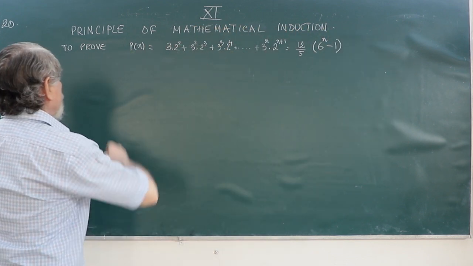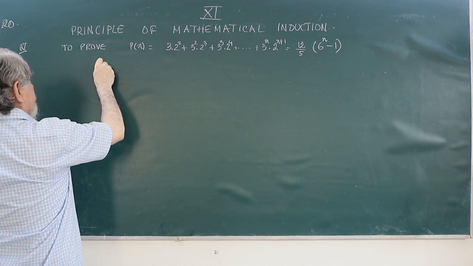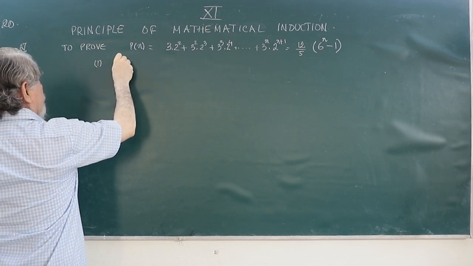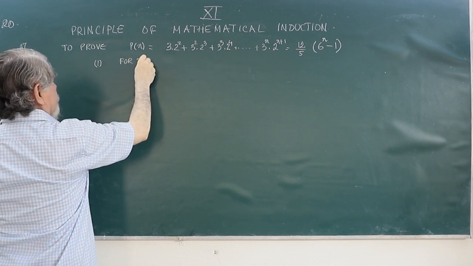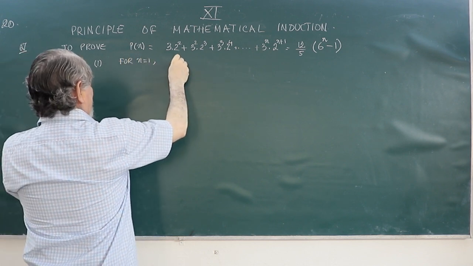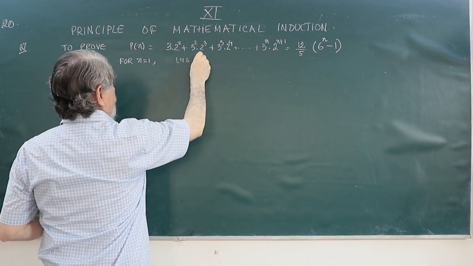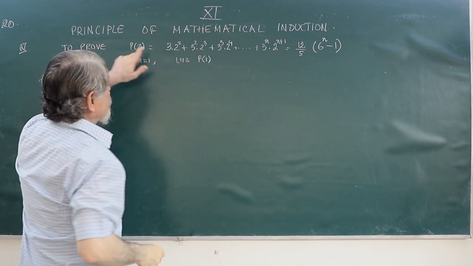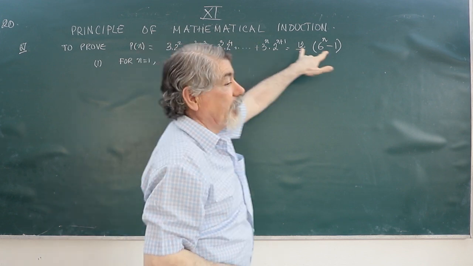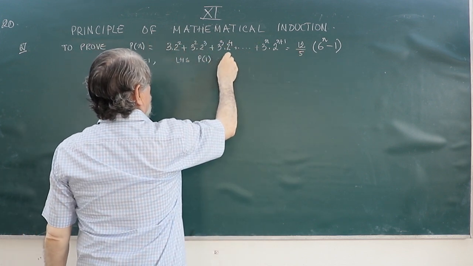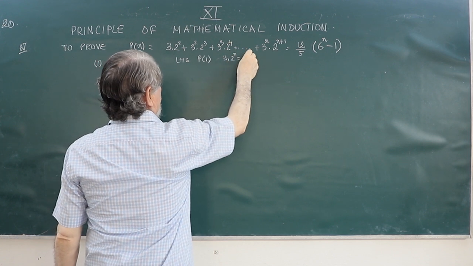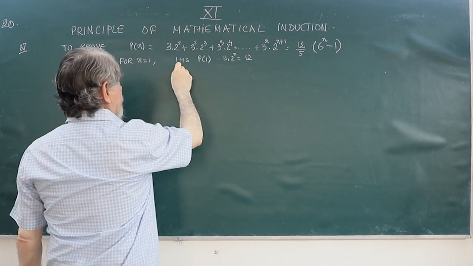Let us take the basic step for n is equal to 1. Left hand side P1. This is Pn, so the left hand side of this is this and the right hand side is here. So 3 into 2 square again 12, 3 4s are 12.